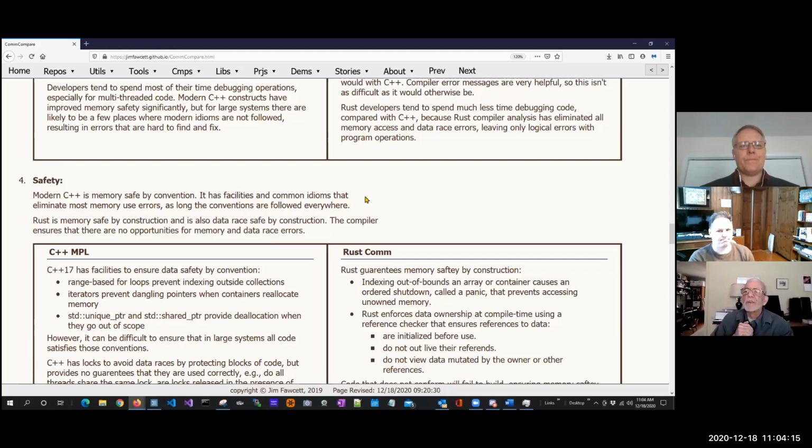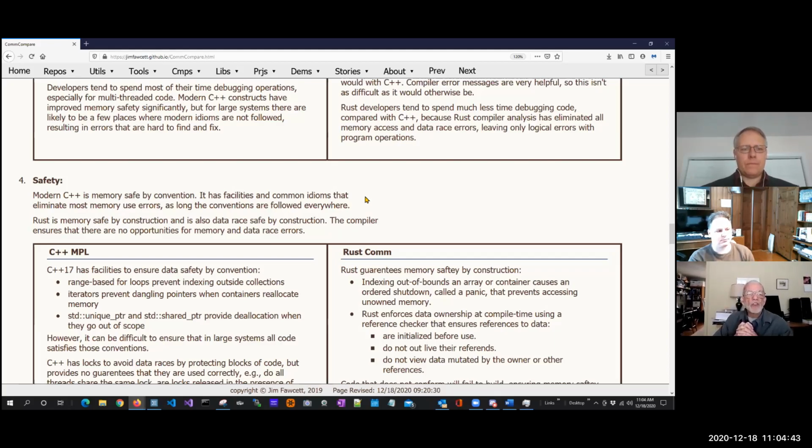Even expert developers will slip every now and then. And if a piece of your code was written by the intern who's in for the summer, it's a whole other story. So C++, modern C++, with all the tools and facilities available now, absolutely can generate memory-safe code. But it's hard to do in very, very big systems.